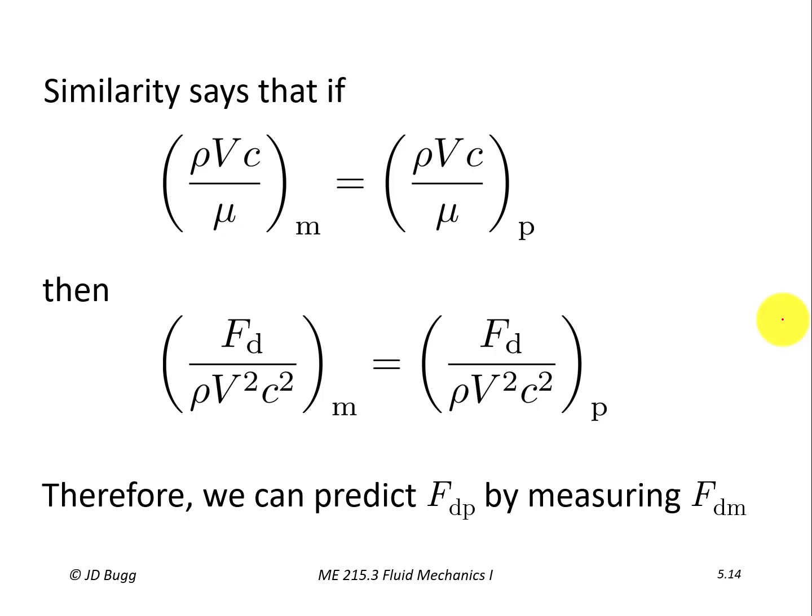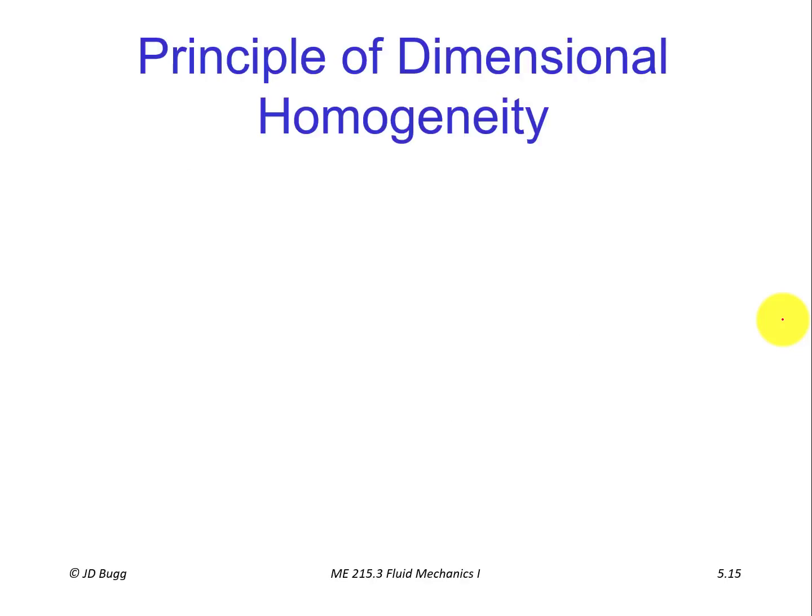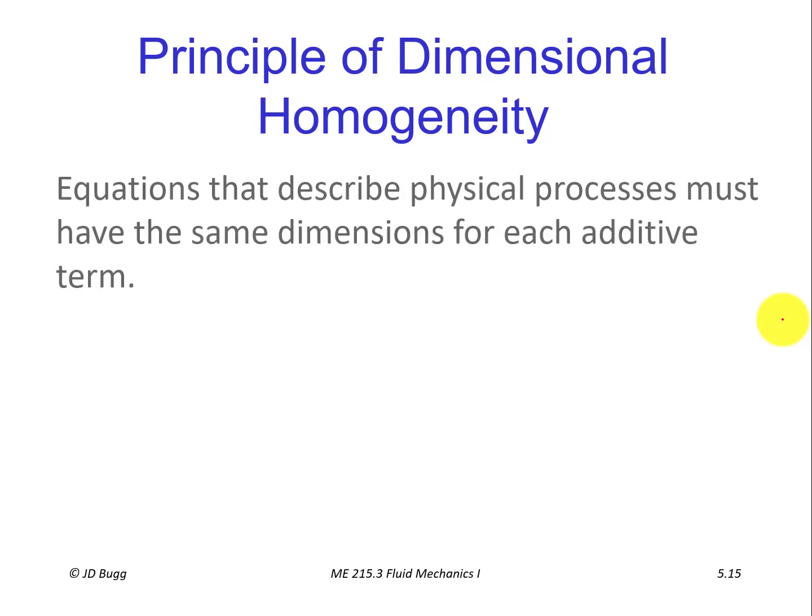Now, before we head off into that lecture video, there's just one other topic that we want to introduce here, and that's the principle of dimensional homogeneity. Because the process that we're going to look at to come up with dimensionless groups really depends on this principle. Well, what does it say?